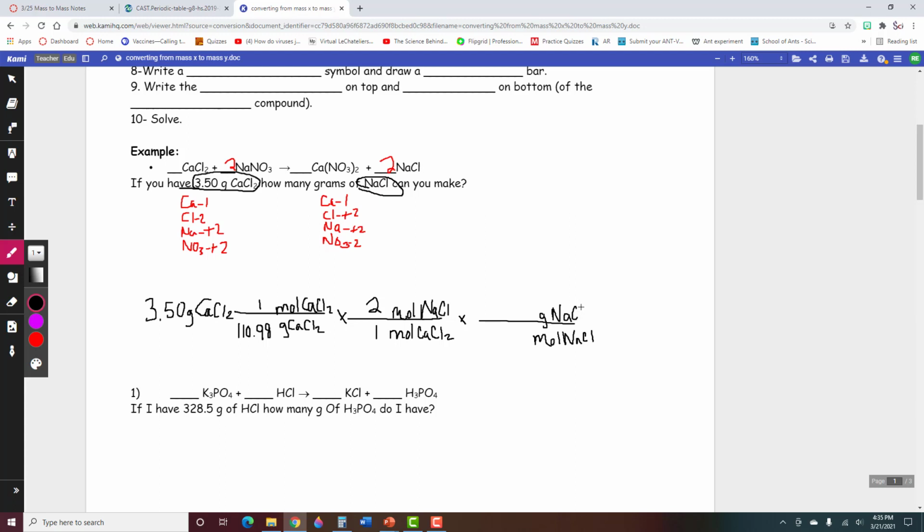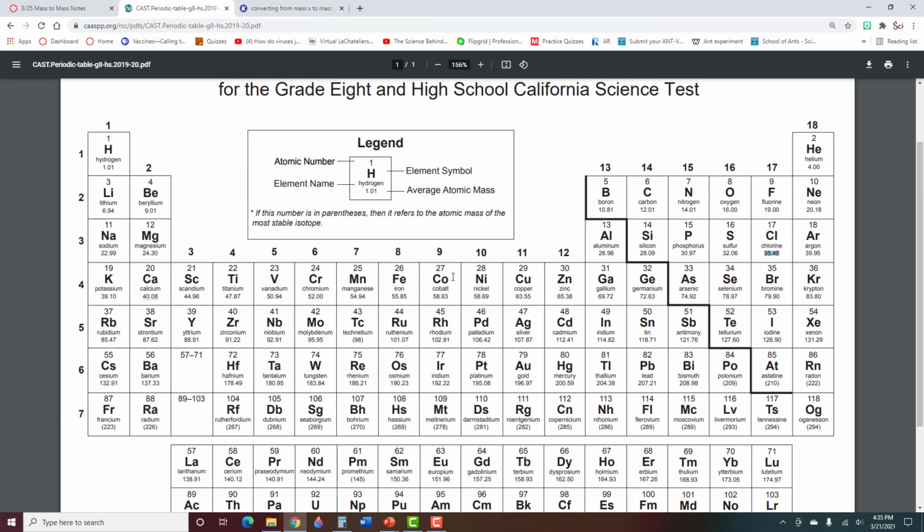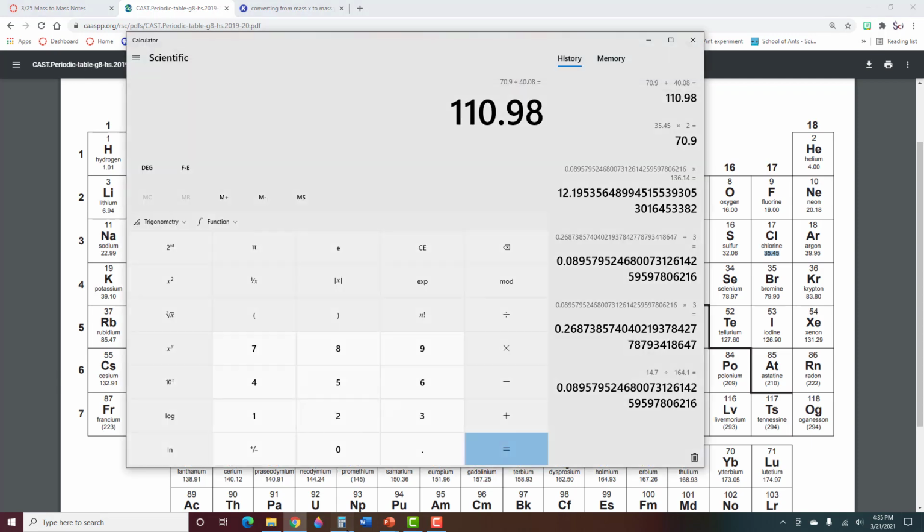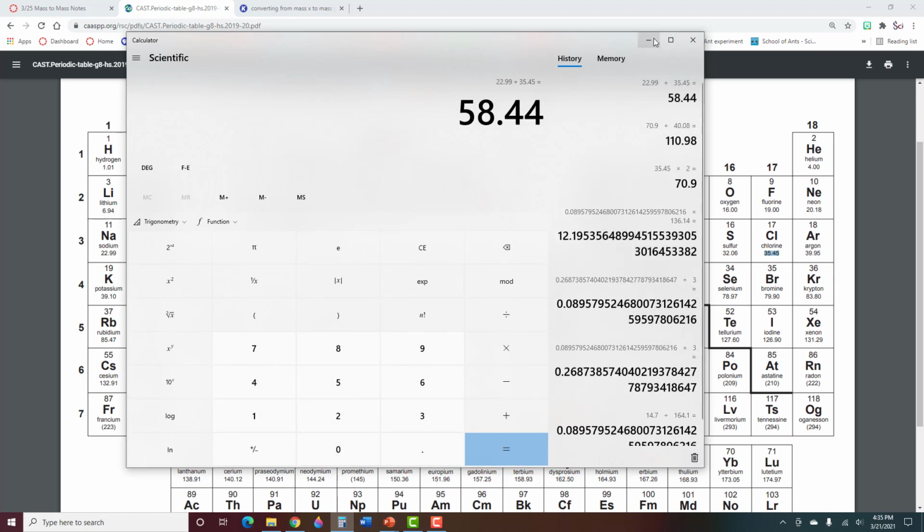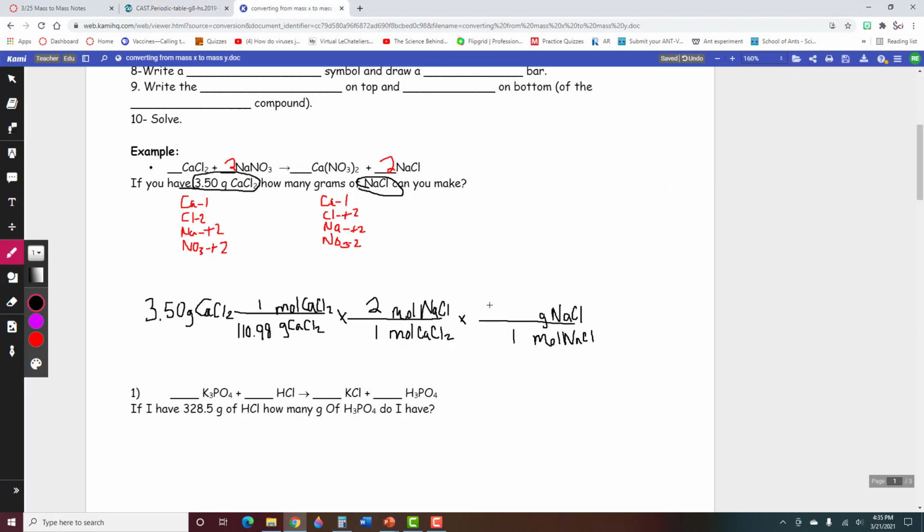I need grams of NaCl, so that's why that's my top compound. Grams and moles are together, so this mole is 1, and grams comes from the periodic table. So Na is 22.99 and Cl is 35.45. So 22.99 plus 35.45 is 58.44.